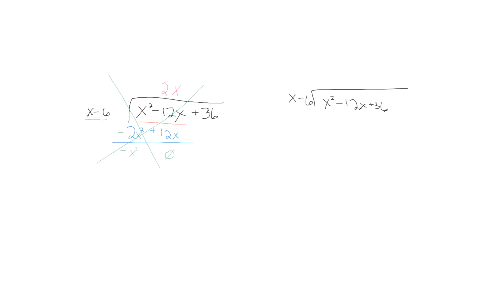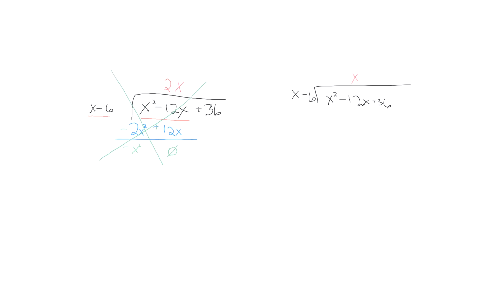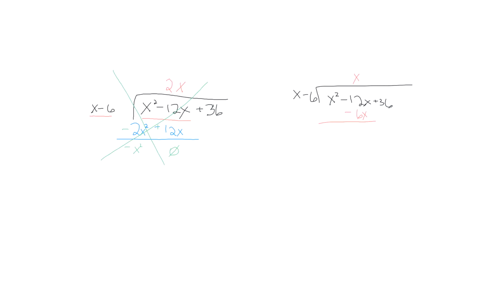I'm not going to choose 2x, I'm just going to choose maybe just an x. So x times minus 6 is minus 6x. And x times x is x squared. Remember I told you they had the little invisible one as an exponent.